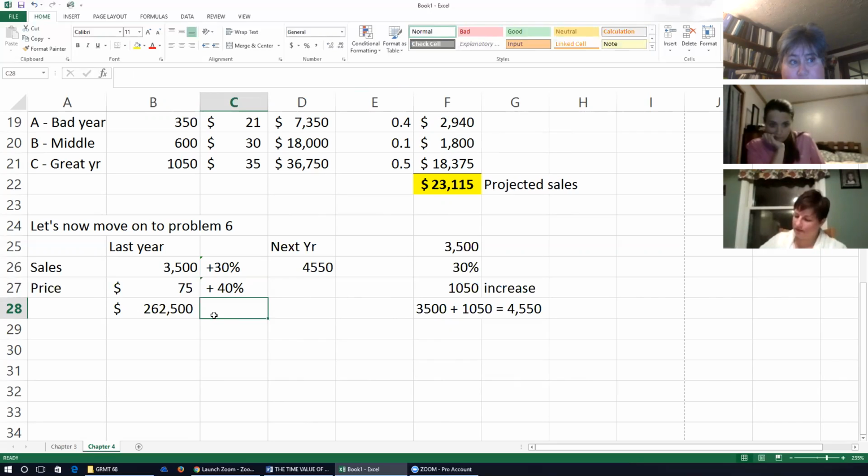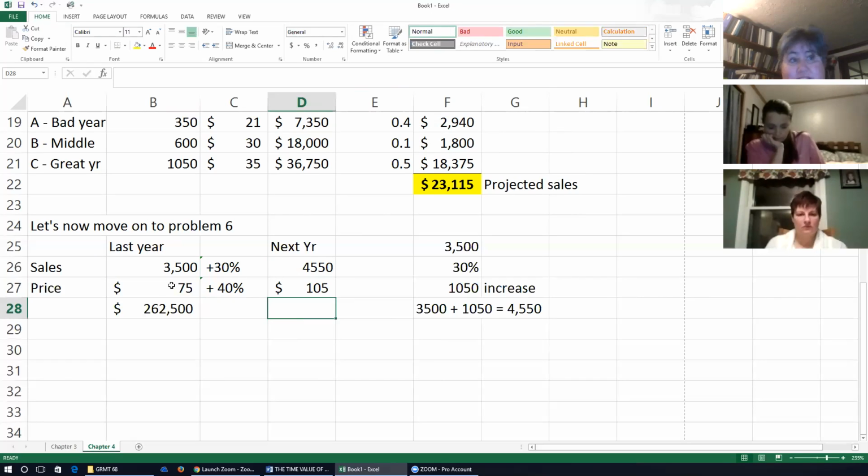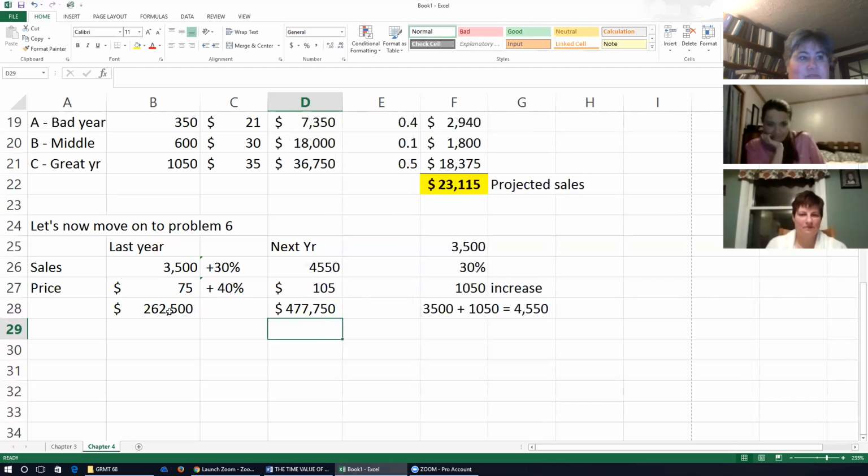There's a price increase, so we're going to follow the same pattern: 75 times 140%. So the new price is going to be $105 a unit. And for some reason, they think we can still sell a bunch of them, more than last year. There you go. And so from last year's sales being 262,000, this year the sales are going to be a lot bigger.